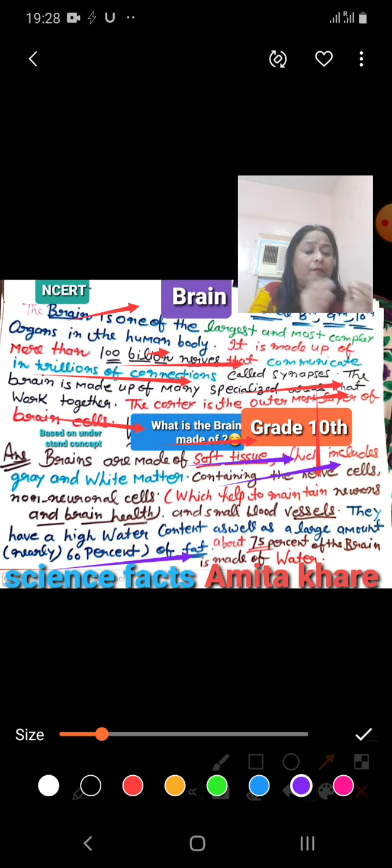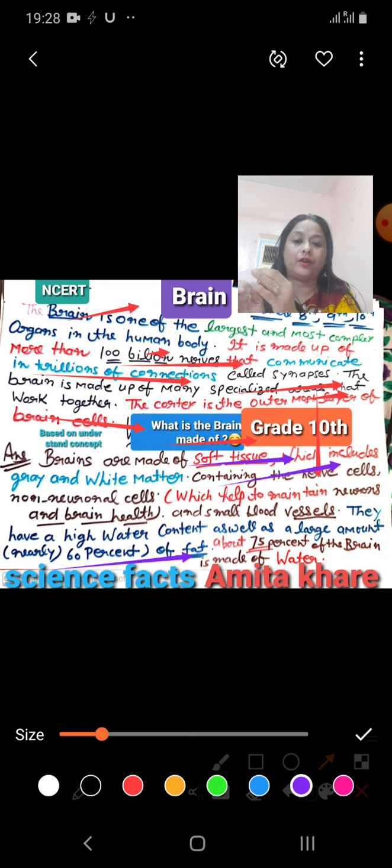So the maintenance of the brain and its health depend upon the non-neural cells. Small blood vessels are also spread among the brain's nerve cells.